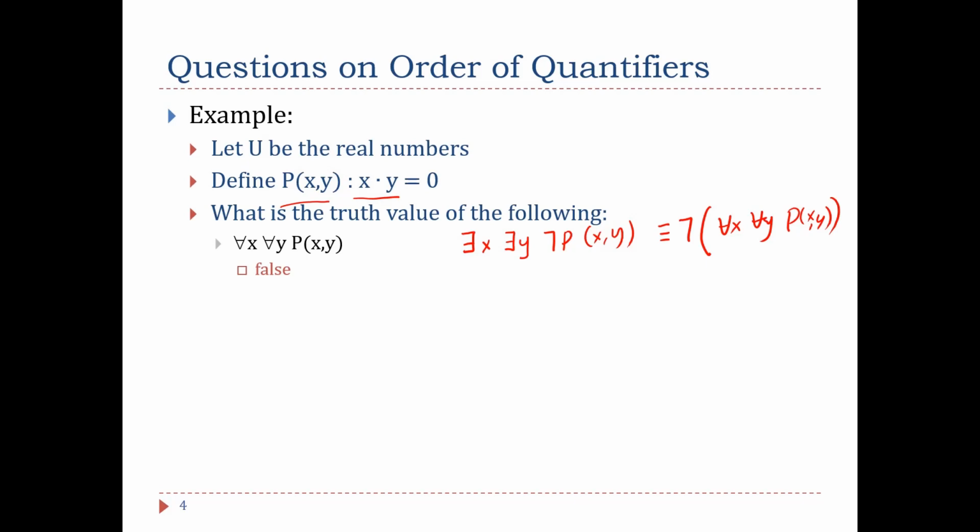Because the rule for the negation when you have nested quantifiers is like the rule for one single quantifier. So an intermediate step is the following: not for every x, for every y, p of x y is equivalent to there exists an x such that not for every y, p of x y.